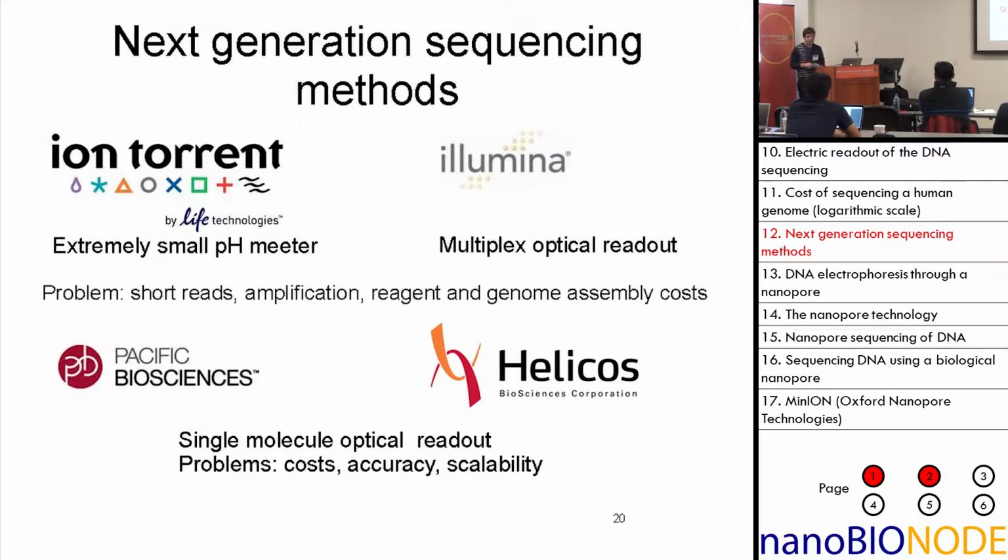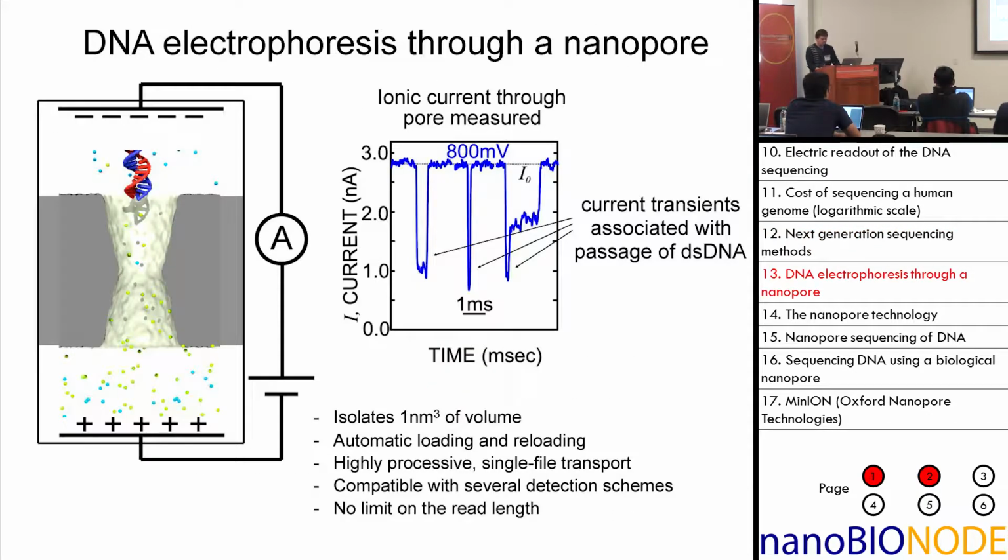Illumina is the predominant platform for sequencing genomes, and it can be done for $1,000, maybe a couple thousand, but it still takes quite a bit of time. But there is no limit to how fast we need to have it done. So probably in the next 10 years you'll see a human genome for $100 or in 15 minutes, because the goal is that you go to the doctor, they take your blood and that's it, or they swipe and you know your genome. So how can we do it?